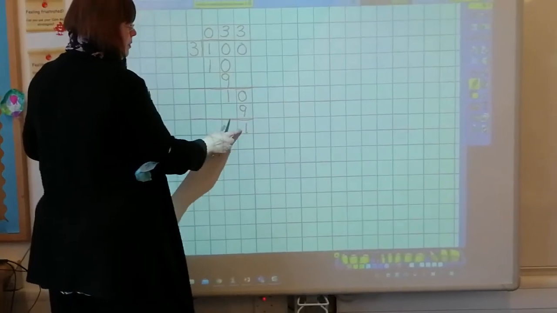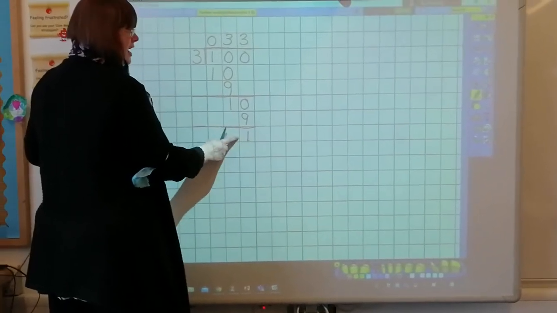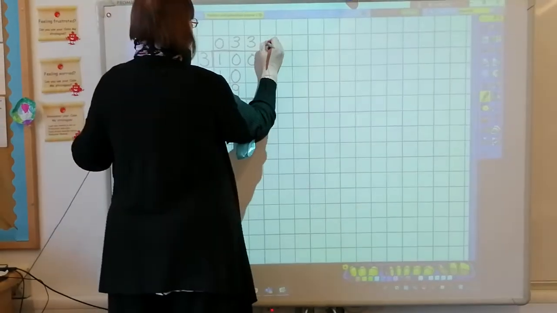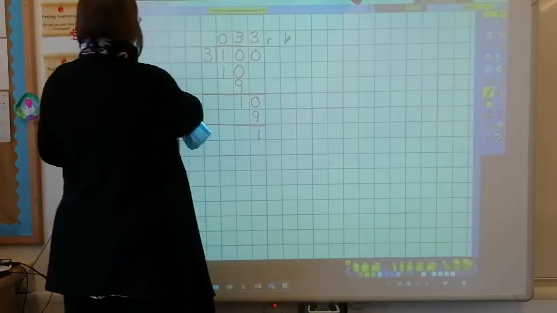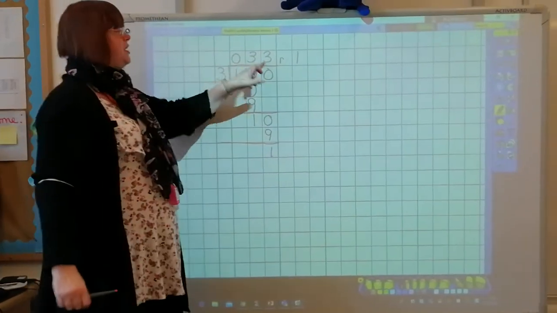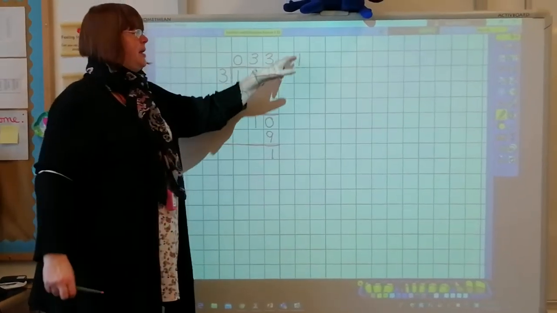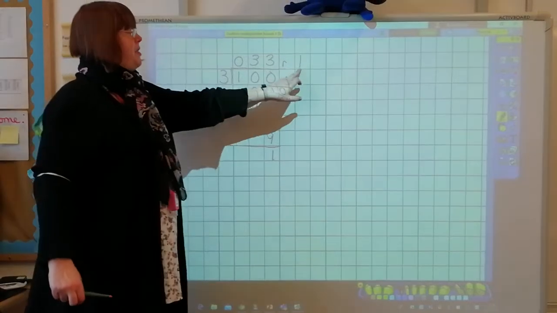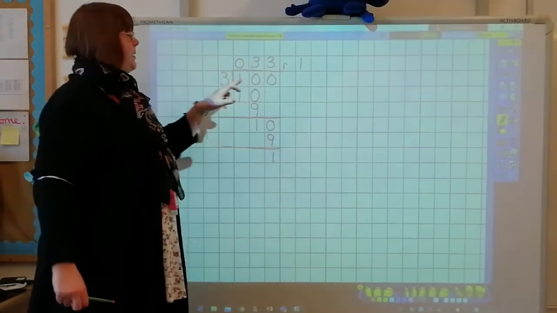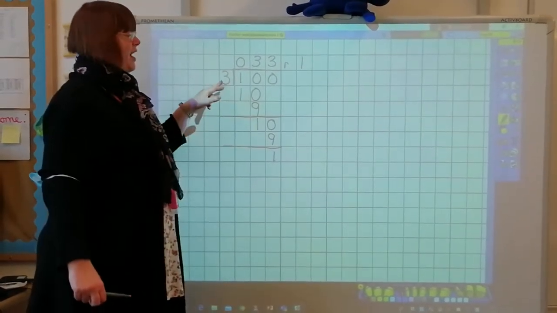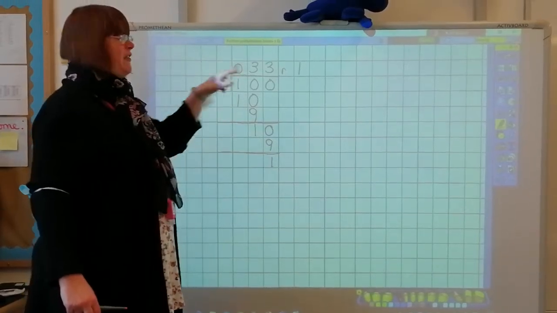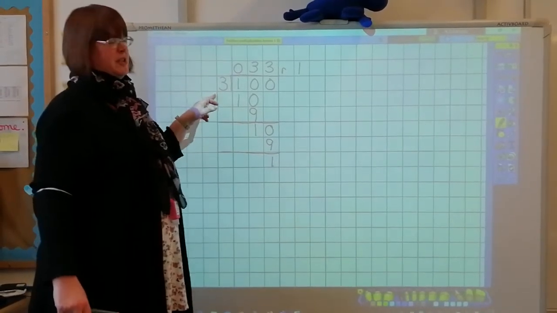Shout at me and tell me what this number is. Yes, it is our remainder. Okay, so we've got 33 full bags of rice and we've got a little bit left over. Remember, this number cannot be bigger than the number that you are dividing by. Okay, if it's bigger then you obviously need another set.